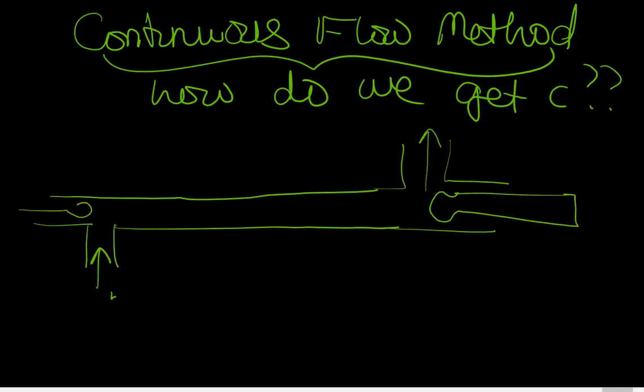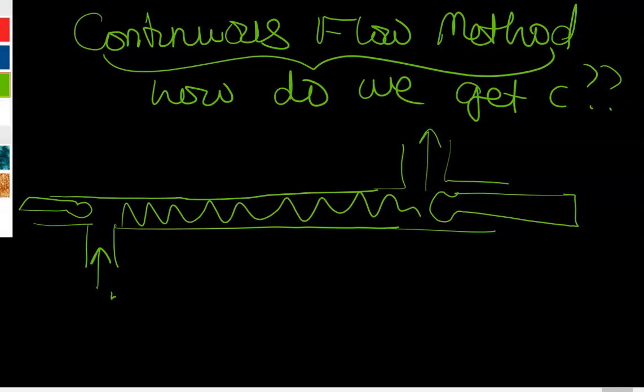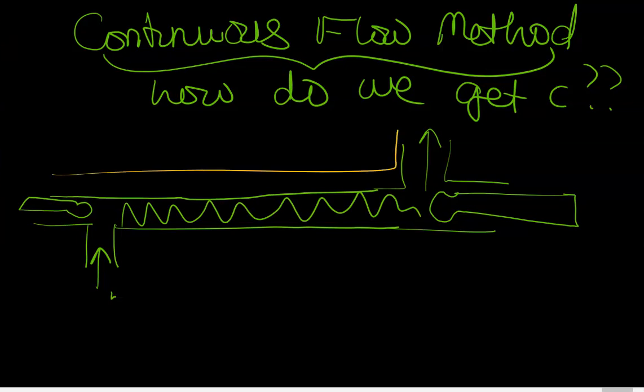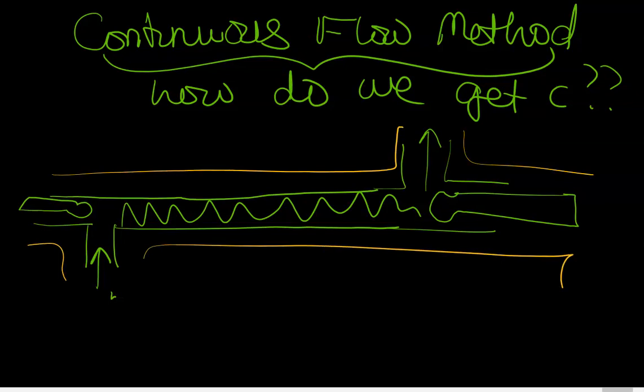And here you have a thermometer as well, and in between you have a heating element, and you encase the entire apparatus in an evacuated tube to reduce heat loss by convection. Now the main advantage to this method is that you do not need to know the heat capacity of the components of the apparatus itself, right? So it means that you are ignoring the heat absorbed by them.